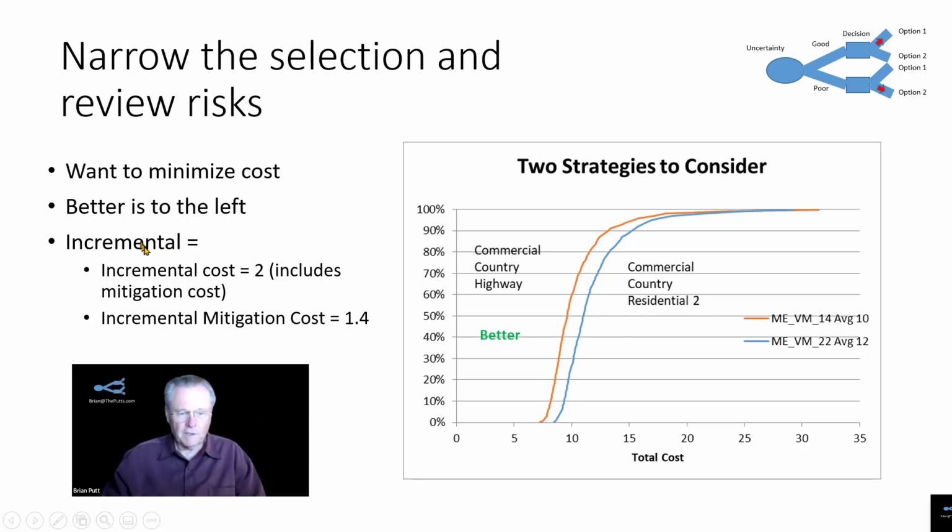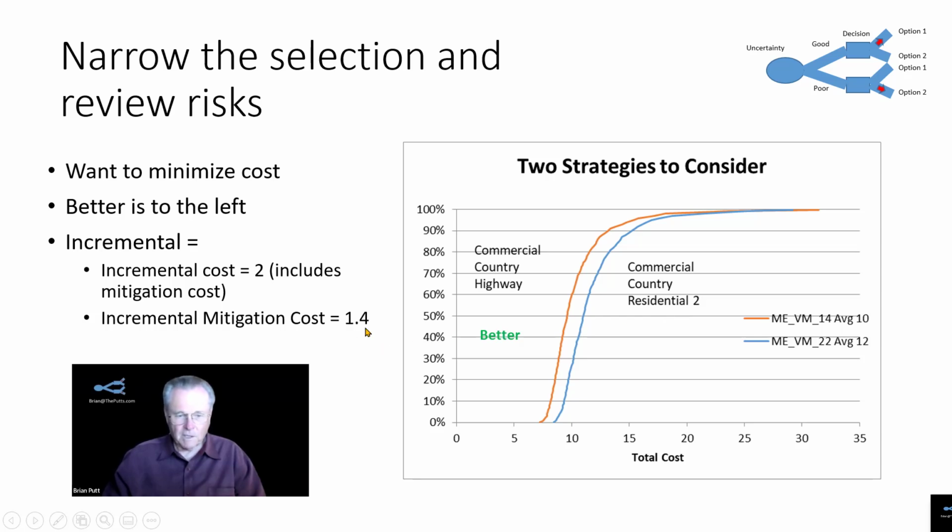I can also look at the incremental value of moving from one to the other. So the incremental cost, including the mitigation, is 1.4. That's the difference between these two here, the total cost, and the cost of the incremental mitigation, dropping the highway and adding residential two.